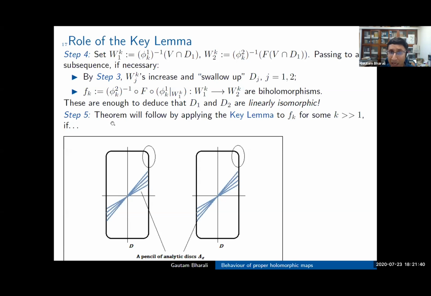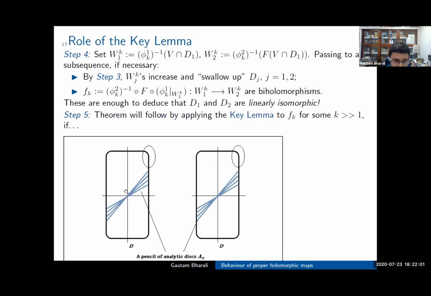And the last step is an application of the key lemma to these maps f sub k. Remember, they now satisfy some part of the hypothesis of the key lemma, and I now need to show that everything is satisfied.